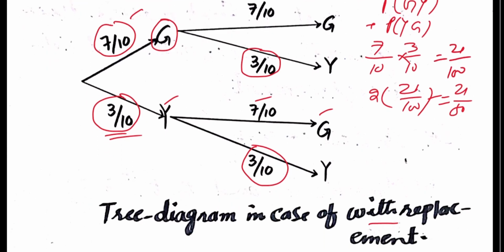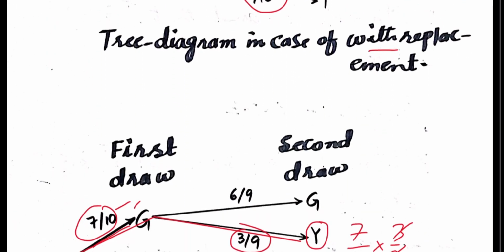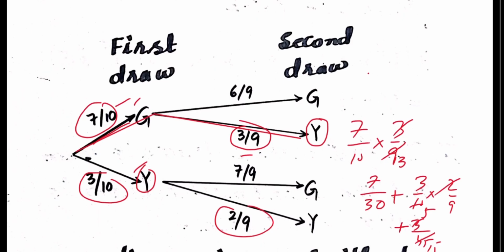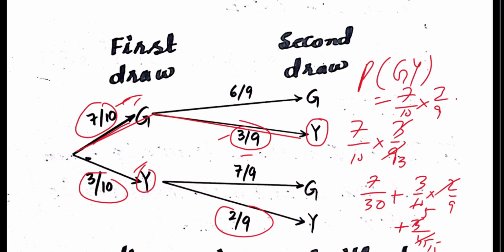While in case of without replacement, probability of G to Y, this is 7 by 10, this is 3 by 9. 7 by 10 into 3 by 9 plus Y to G, probability of Y to G, this is 3 by 10, this is 7 by 9. Again, same, 3 by 10 into 7 by 9, because their denominators are same and numerators are also same.